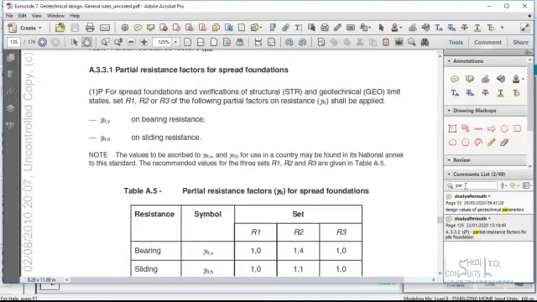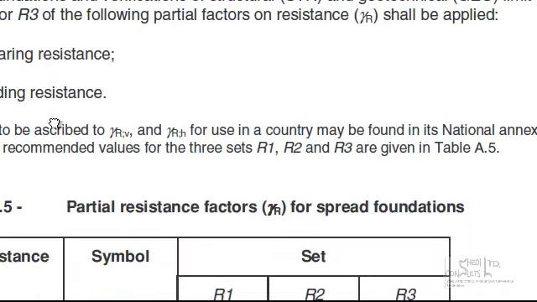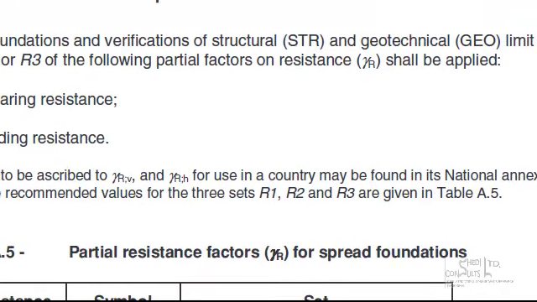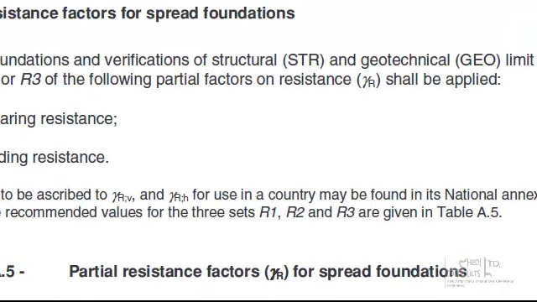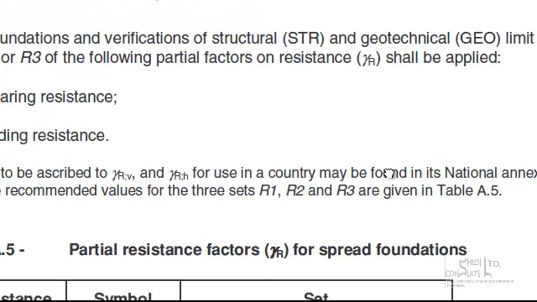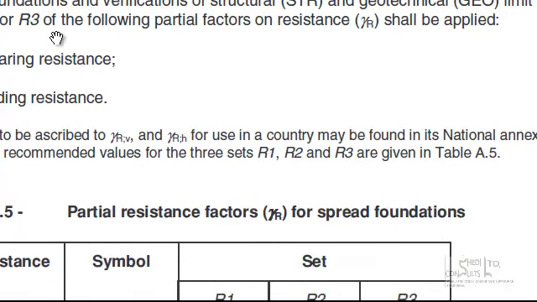Okay, so these are the partial resistance factors for sliding. If you look carefully here, we have spread footings and verification of structural and geo limit states. So for structural and geo limit states considerations, the following resistance factors or partial factors are supposed to be applied.